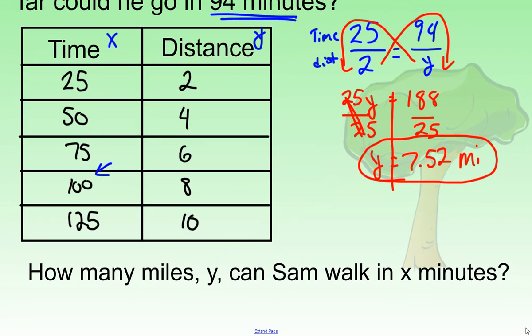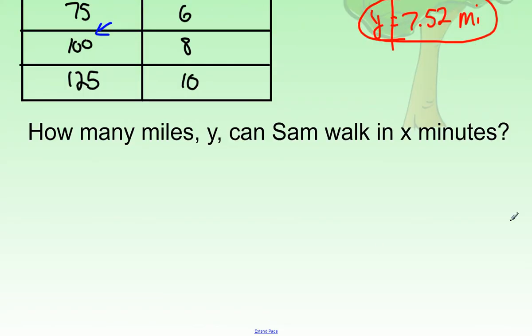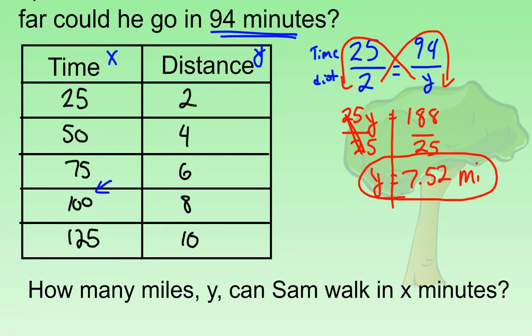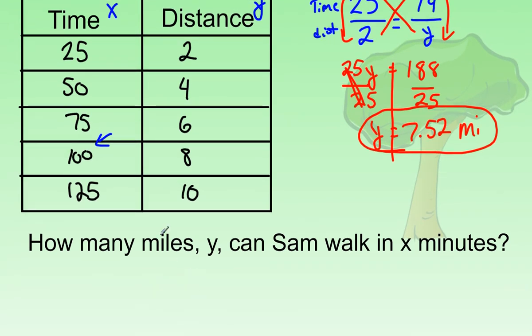The second part of the question says, how many miles y can Sam walk in x minutes? So this is looking for more of a general equation that we could use, a relationship between the x and the y variables, the time and the distance. And all we really need to do is the same thing we did here, except if I say we know x, y, he can walk 25 minutes, 2 miles, x, y.